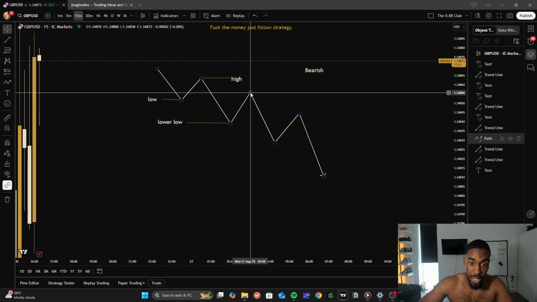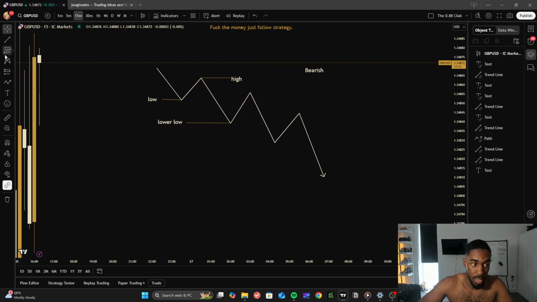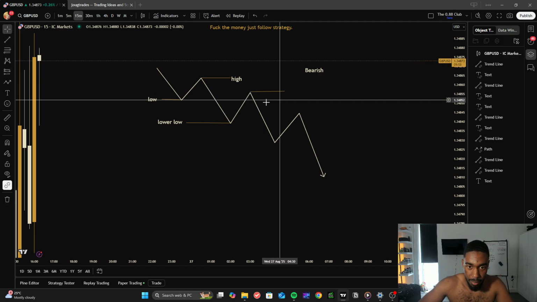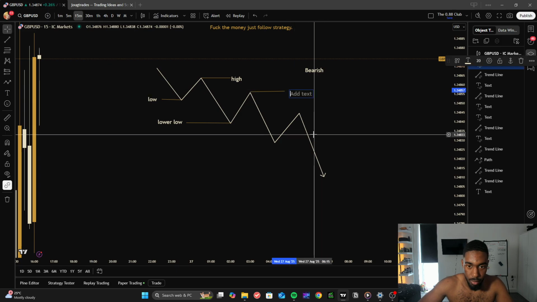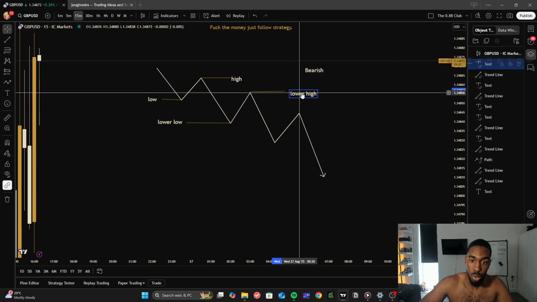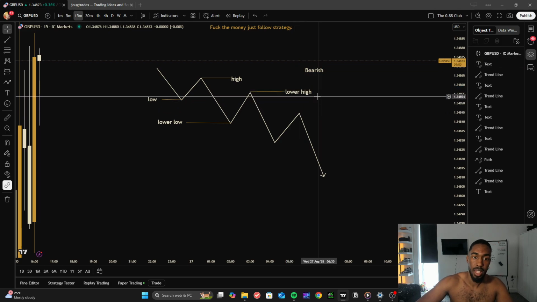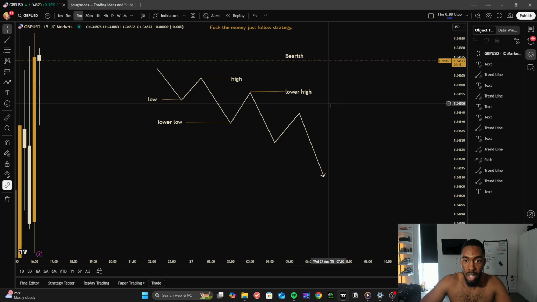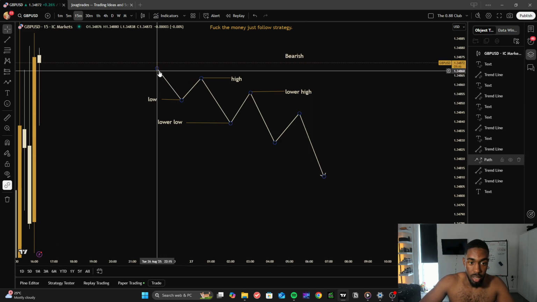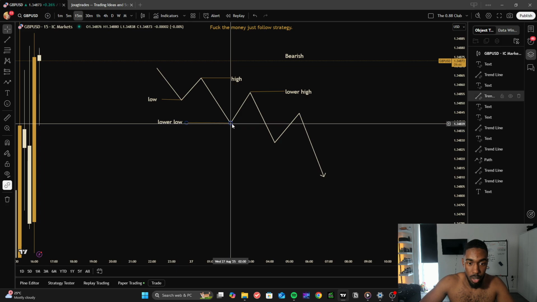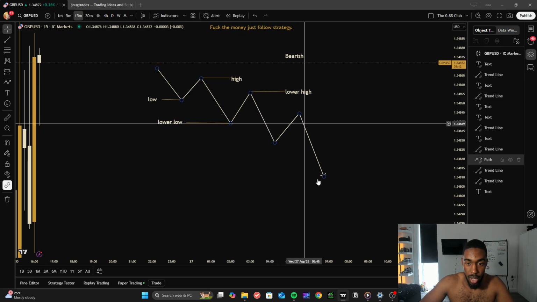This high is lower than this one. This is a lower high. Cool. And that's it. That's bearish market structure. Low, high, lower low, lower high, lower low, lower high, and so on.